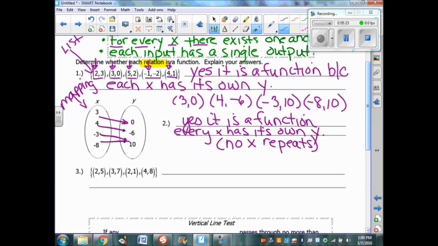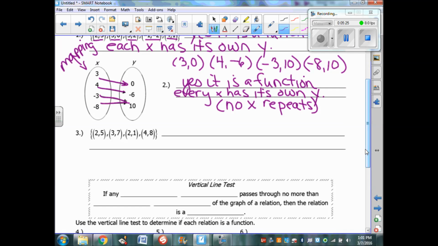Okay? So let's look at number 3. We got another list. So the x's are really the ones that are in charge. I go through and I see a 2, a 3, a 2, and a 4. Uh-oh, I've got some x repeats. So is this a function?